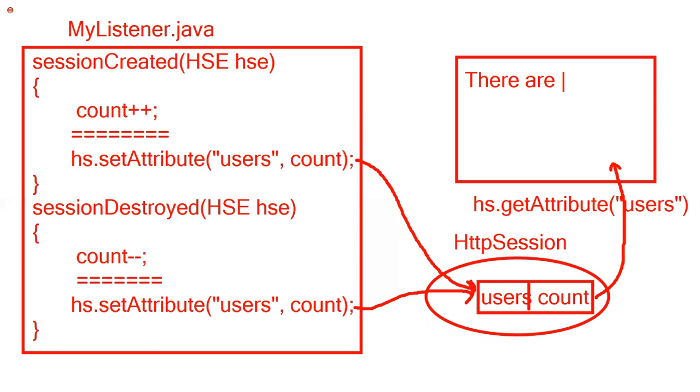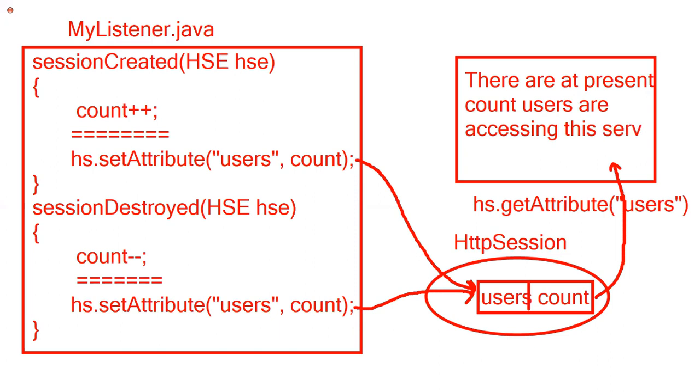There are at present count users accessing this server. Count is a variable. If 5 is there, it shows 5. If 10 is there, it shows 10. It is my servlet.java.